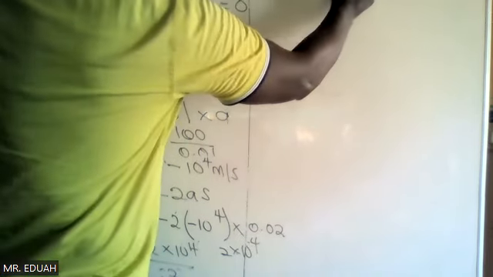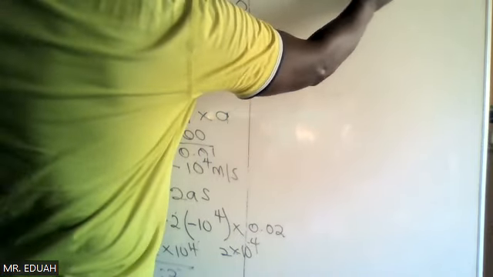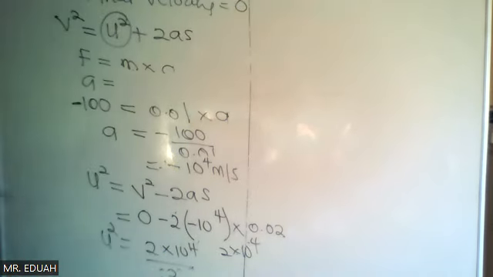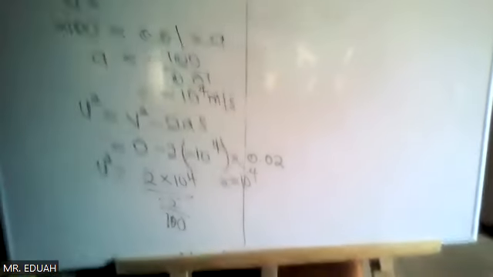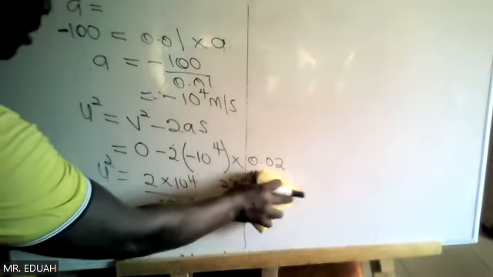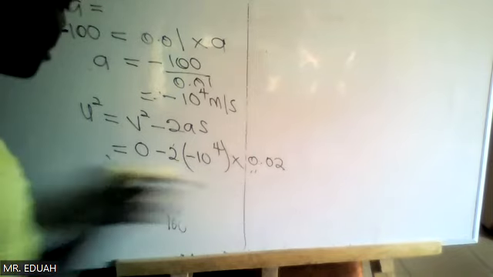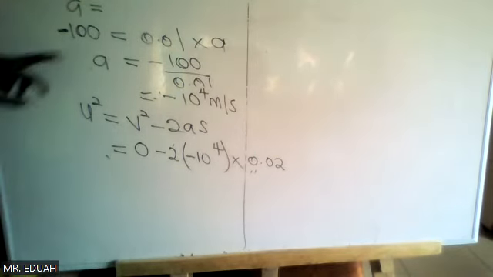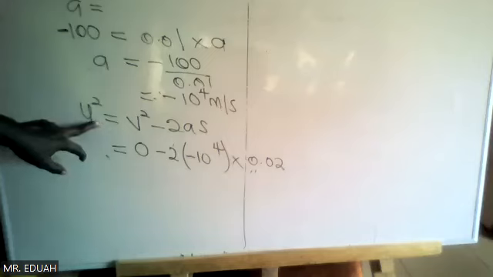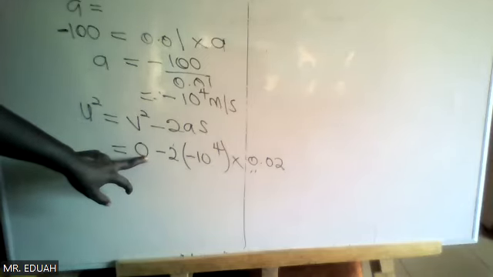Mr. Adria, please. I don't understand why you are dividing, because U squared is equal to 2 times A times X. Why? But the formula as well as the last step you've given. I was saying when you made U squared the subject, U squared will be equal to negative 2AX.